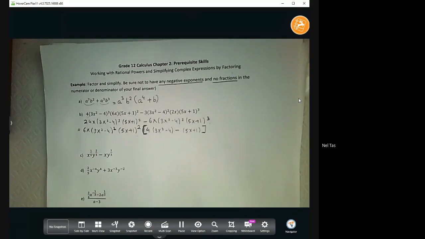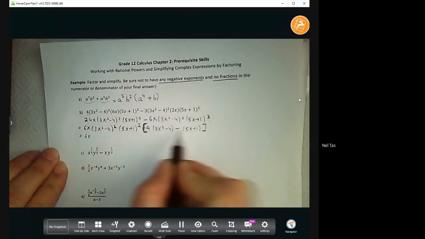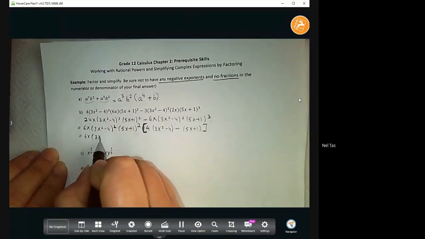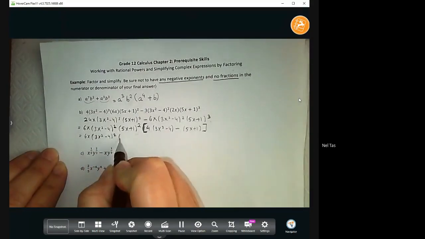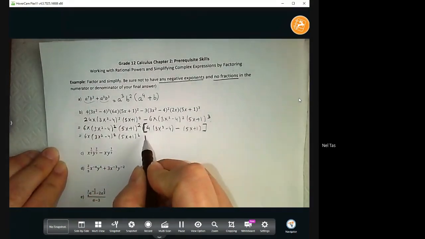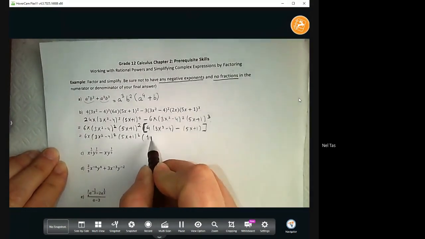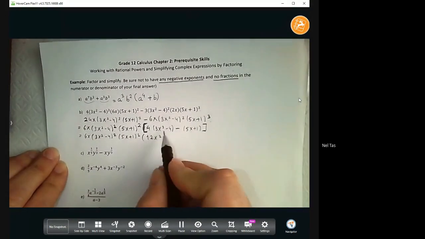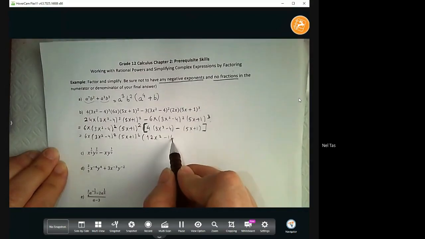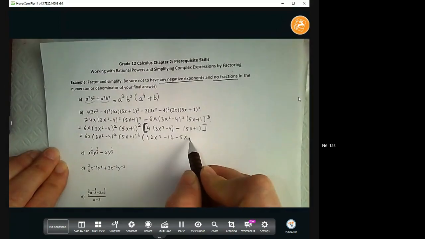Next step. So we are going to simplify this bracket here now. So common factors are still the same. So we have here 12x squared minus 16 minus 5x minus 1.